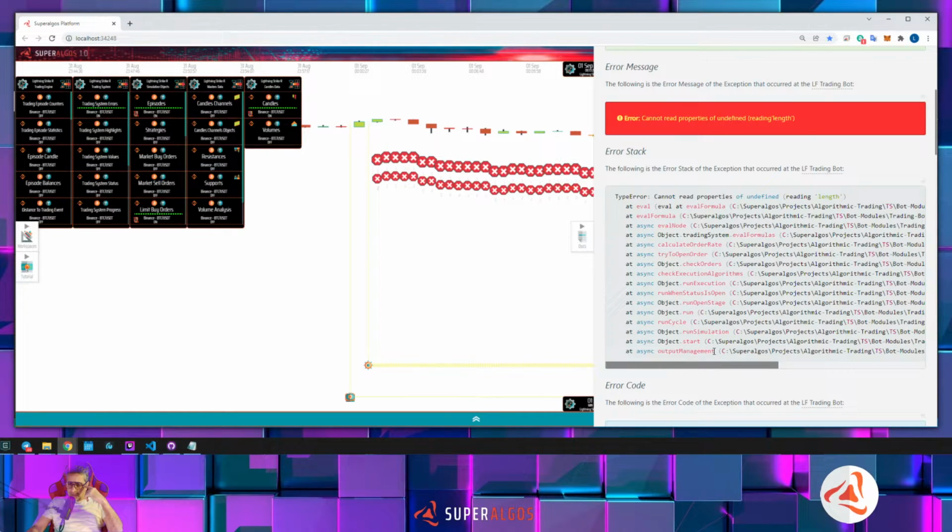So output management, run simulation, run cycle, run open stage, run when status is open, run execution, calculate order rate, eval formulas. Okay, the problem is with the order rate.